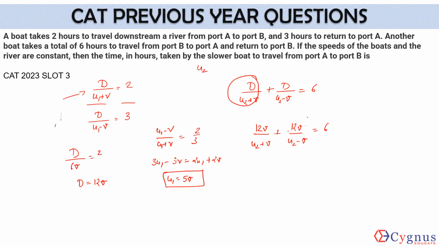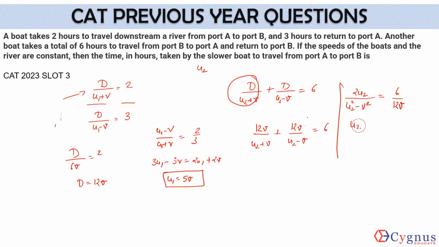So what is common here? 12V. 12V goes on that side. What do we get? We can say that 1 by this, U2 square minus V square, is equal to 2U2 is equal to 6 by 12V. This 2 will cancel out 3 times.